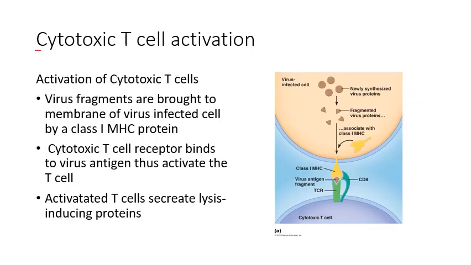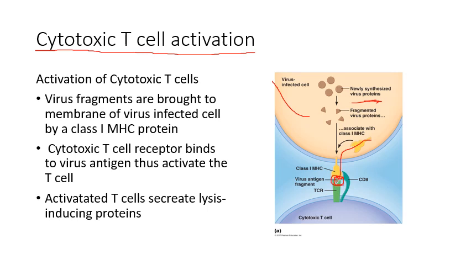We're going to first look at our cytotoxic T cells. Here is the virus-infected cell. Here are the viruses. Fragments of the viruses can be presented by that MHC 1 molecule. So now the antigen is shown on the outside.